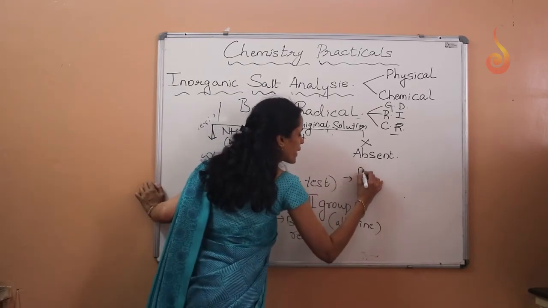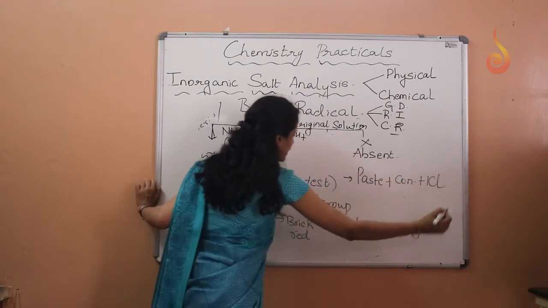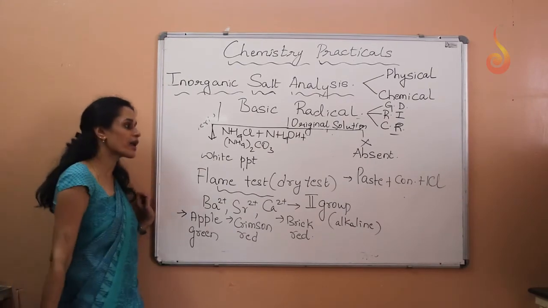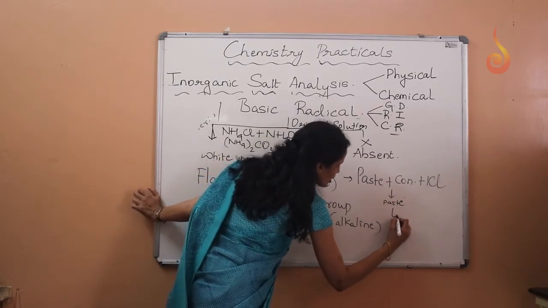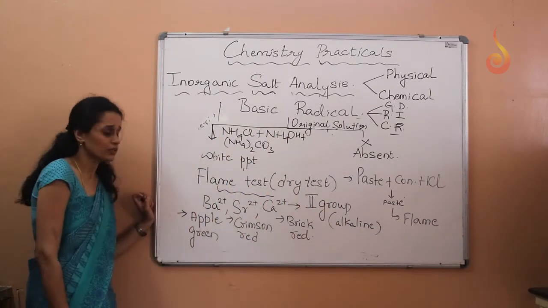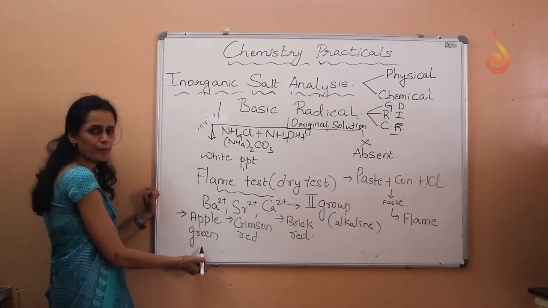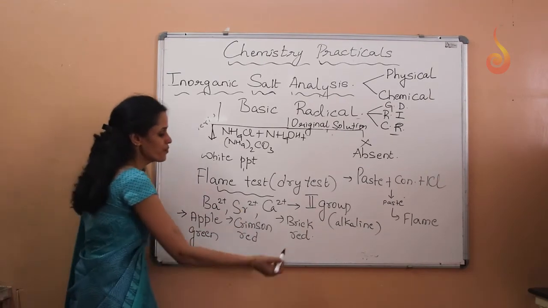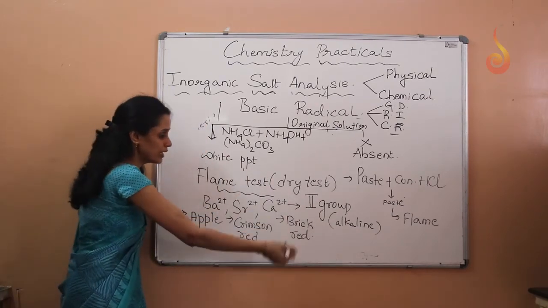We always prepare a paste using concentrated hydrochloric acid, and once the paste is prepared, it is held in a flame. If you observe apple green color, then it is barium, or crimson red color, then it is strontium. If it is brick red color, then it is calcium. This is the flame test.